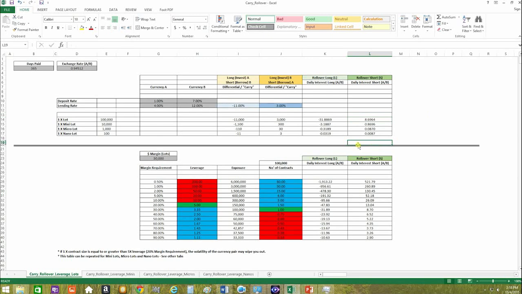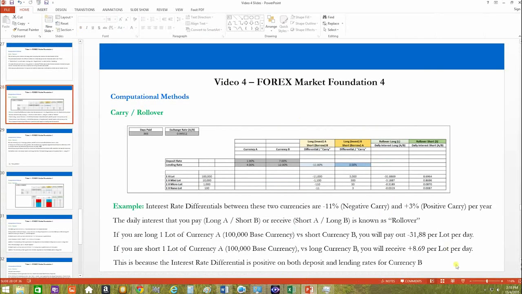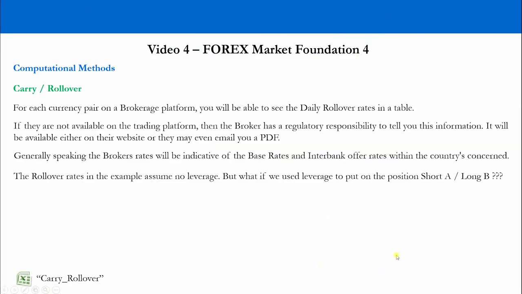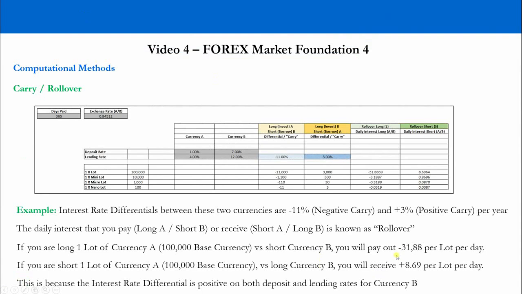So let's go back to the presentation. We'll come on to this section in a second. And we just have a little breakdown here. So basically, what's important is obviously the interest rate differential.